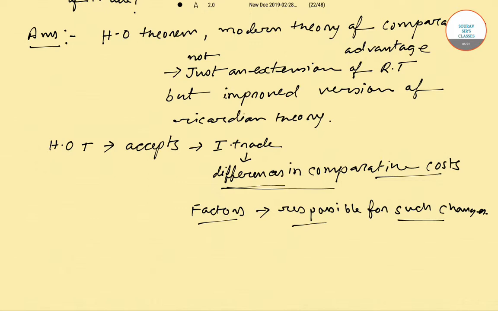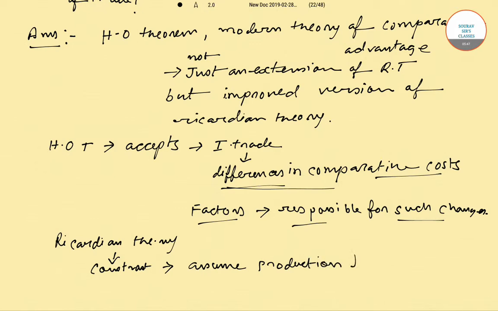So there is one strict contrast from Ricardian theory in the Heckscher-Ohlin model.